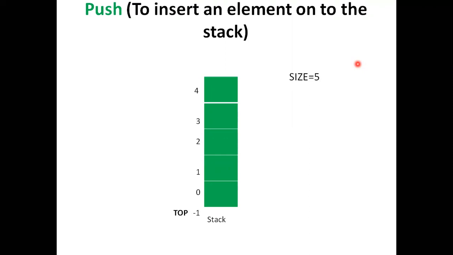Now we are taking one more variable here, that is top. Here top is always indicating the last inserted element position. Here there are no elements in our stack. So here there is no element in the stack. Now our top is initially indicating minus 1.